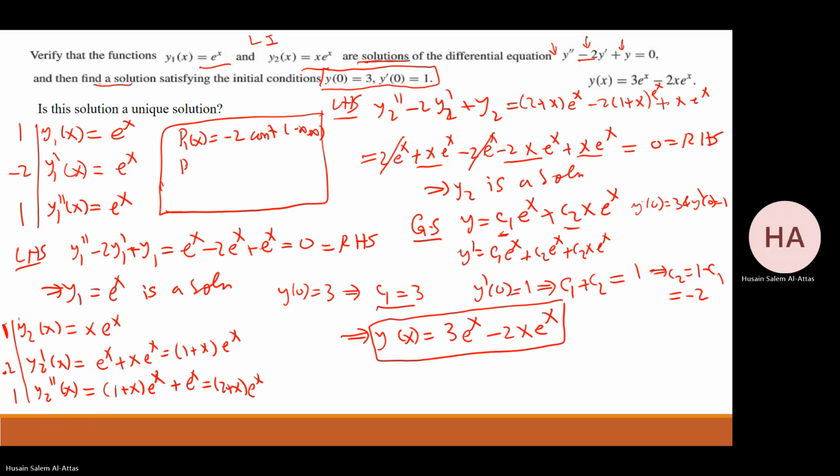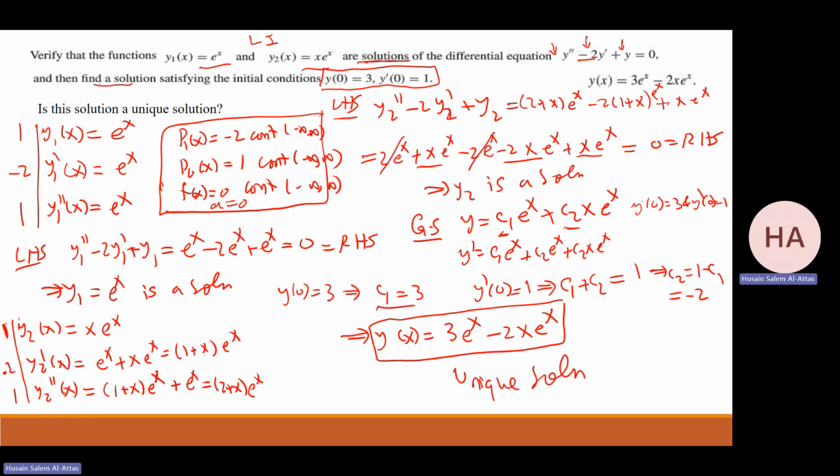P0 of x is 1, which is continuous. And f is 0, which is continuous. So for sure, any a will be satisfied. a equals 0, since it's continuous everywhere. So that means this is a unique solution. That's the only solution.